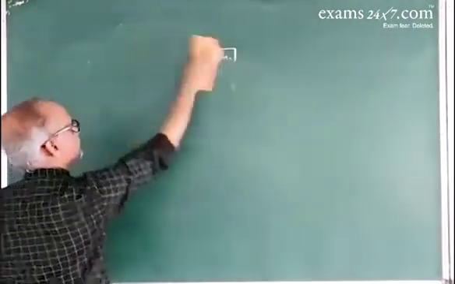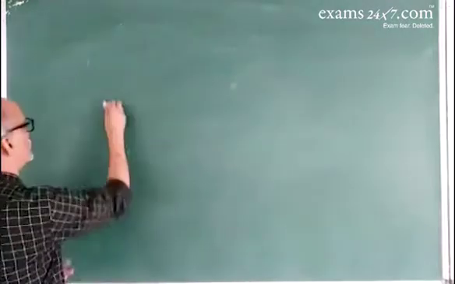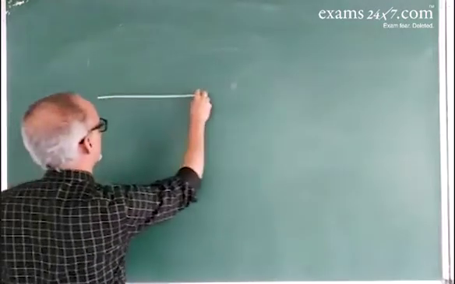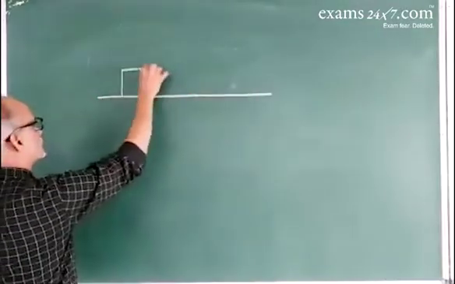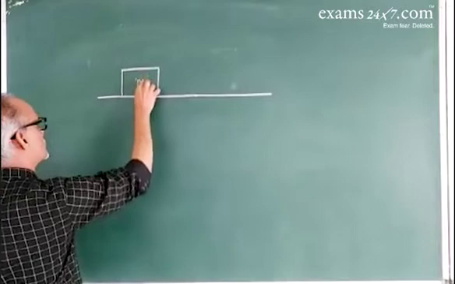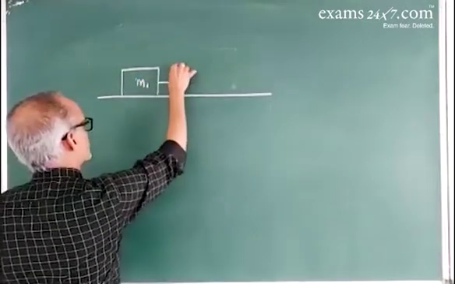How to find the work done by kinetic friction, for which you take a similar arrangement where we have a block M1 on which a force F acts in this direction.